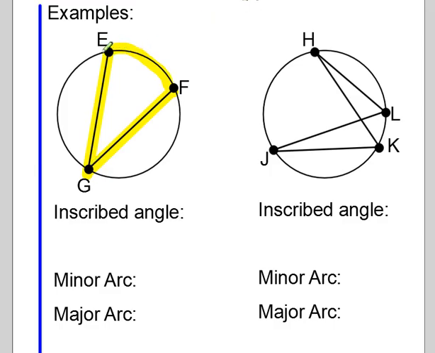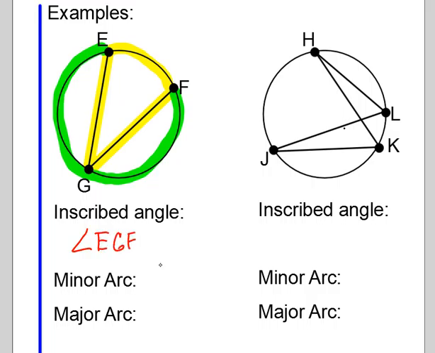The major arc would be the rest of the circle going from F all the way around to E. So the inscribed angle in this picture is the angle EGF. The minor arc is arc EF. Notice how they both use the same beginning and ends. It's just that the angle uses a G in the middle.